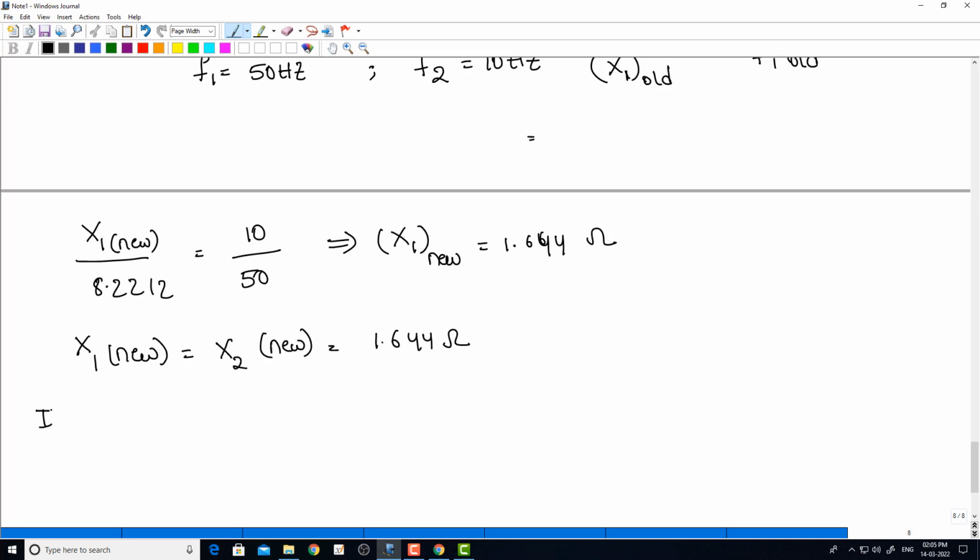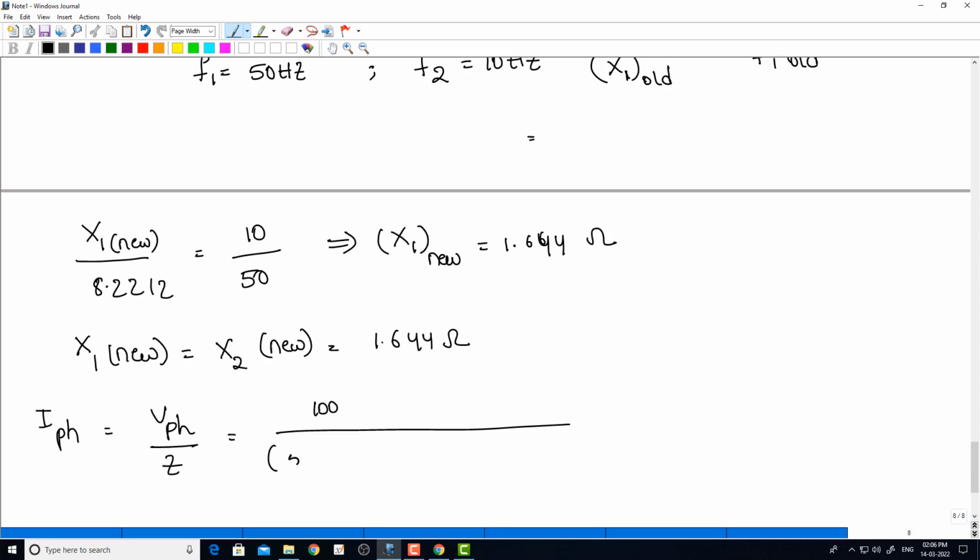So first we will find out the phase current, that is phase voltage divided by Z. Voltage is how much? 100 volts divided by Z. Z, right? We need to find out.